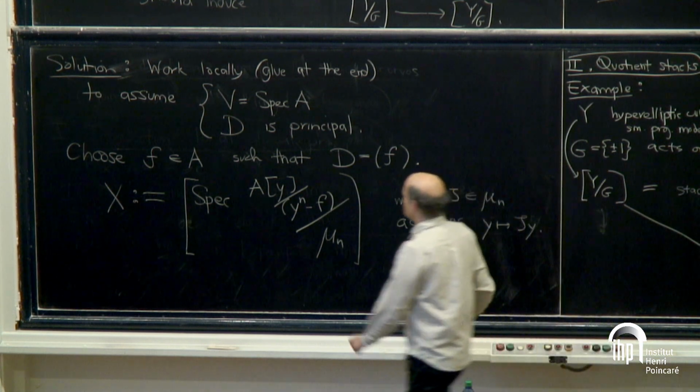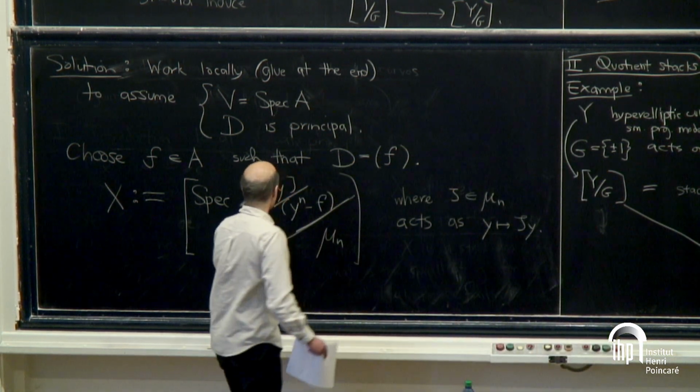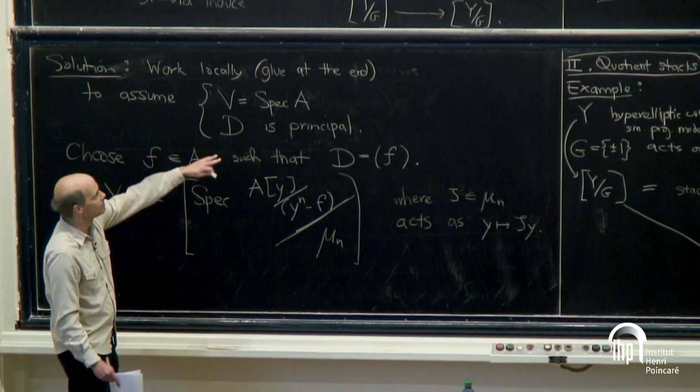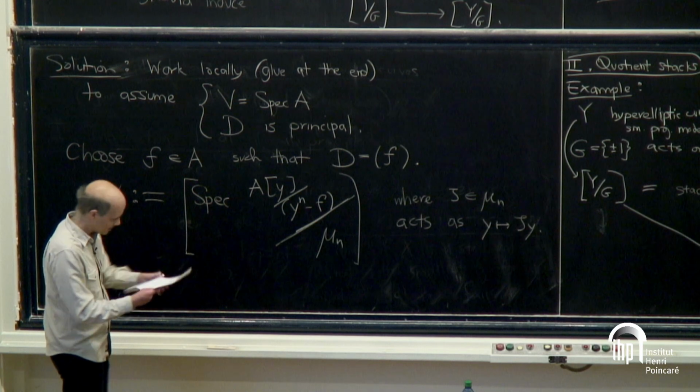So most of the scheme will stay the same except for the places where y is 0, in which case you'll get that fraction, as in that example there.